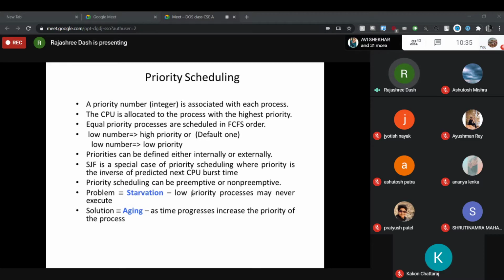Previously, it was comparing the CPU burst time of the new process with the remaining CPU burst time of the currently executing process in case of SRTF. But in case of your preemptive priority, the scheduler compares the priority number of the new process with the priority number of the currently executing process. There is no remaining thing here. Okay, simply it will compare.